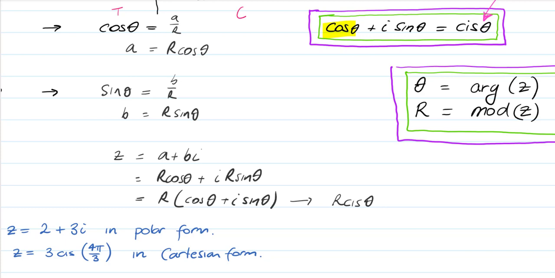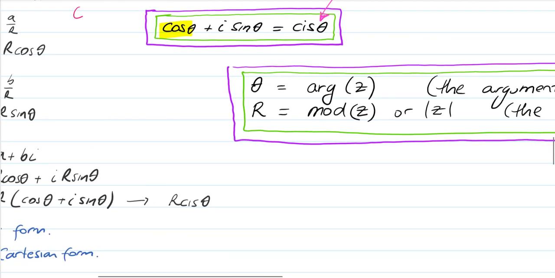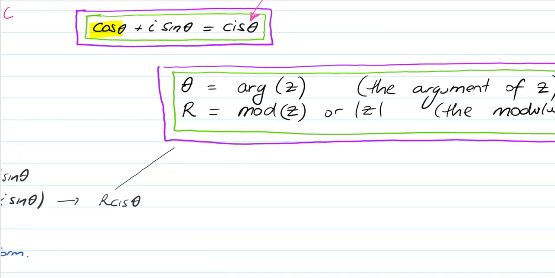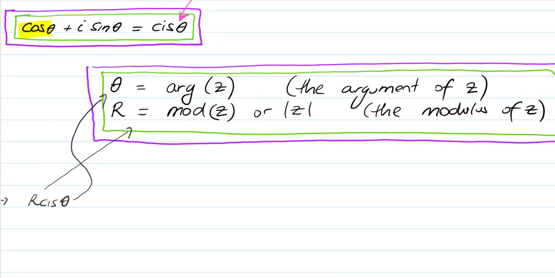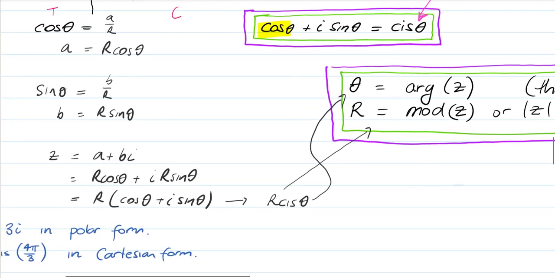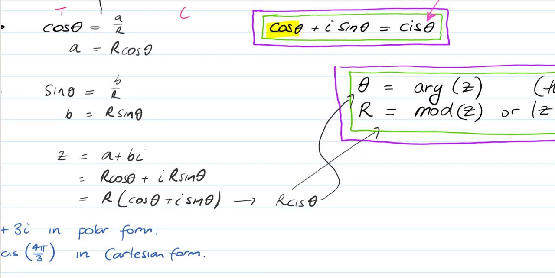So r is called the modulus, sometimes written as mod z, and theta is called the argument, sometimes written as arg z. If we can calculate our modulus and argument, then we can write a + bi instead as r cis theta. And r cis theta is just a simpler version of r (cos theta + i sin theta), and you can now see where that comes from.